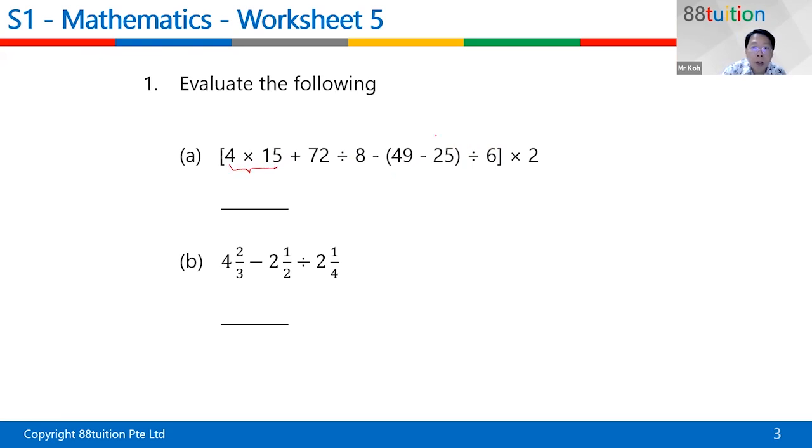The bracket, of course. So we do this first. What will this be? 49 minus 25. If I quickly use a calculator, 49 minus 25 gives me 24.